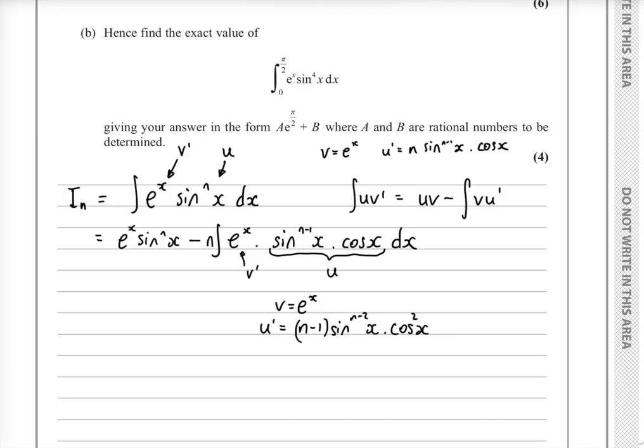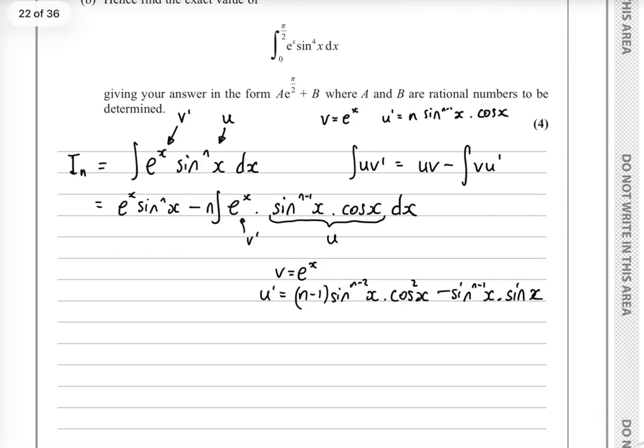Then we leave the sine to the n minus 1 x alone, and we differentiate the cos x, and differentiating cos gives us negative sine. But when we multiply those two together, we get sine to the nx again. So I'll just simplify that here before we put it in. Actually, I'll do some more simplifying here, because although it might not look like simplifying, we don't want that cos squared.